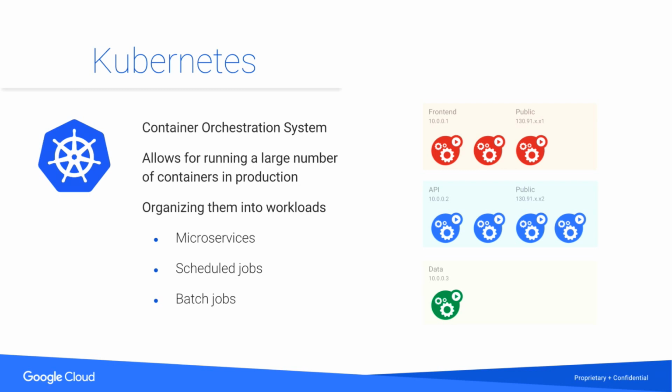If one of those microservices falls over, Google Container Engine will restart those services for you because it's based on Kubernetes. It also allows you to schedule jobs and to batch jobs. So again, imagine you have a full stack of services from the front end all the way to your data services. These microservices can be maintained and also bin packed onto specific machines to make sure that you're getting the most out of those machines.